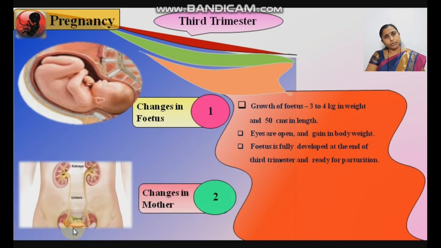Now changes in mother. Due to growth in the baby, again the uterus becomes larger and larger, and due to the large size of the uterus, there is pressure on the abdominal organs. So abdominal organs get compressed. There is also pressure on the urinary bladder because they are near to each other: urinary bladder, rectum and uterus.